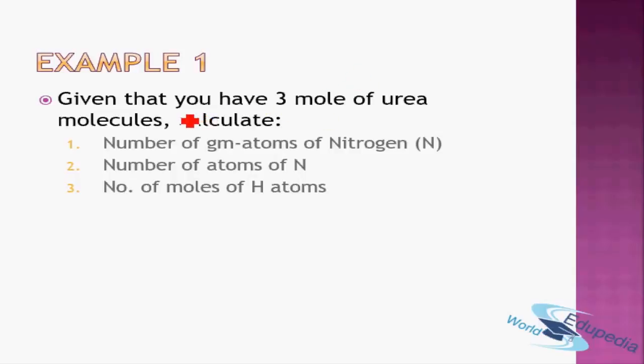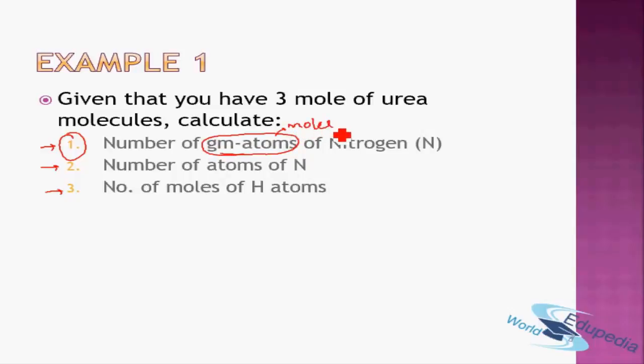So see, in this question you have 3 moles of urea and you have to calculate the following 3 items one by one. Let's approach the first item here, which is to calculate the number of gram atoms of nitrogen in 3 moles of urea. The first thing is to know the meaning of gram atoms, which means number of moles of atoms.